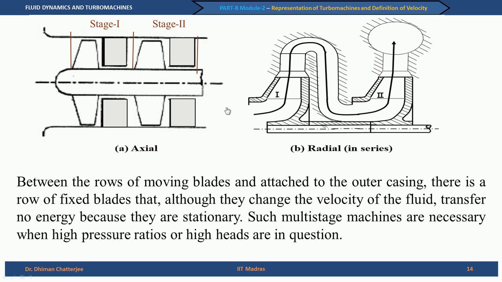Also, you have to remember the difference between a two stage pump and two pumps in series. You can think of it this way: in case of two pumps, they have independent control, independent shafts connected to independent motors. So, now water from one pump can enter the second pump and can rise.